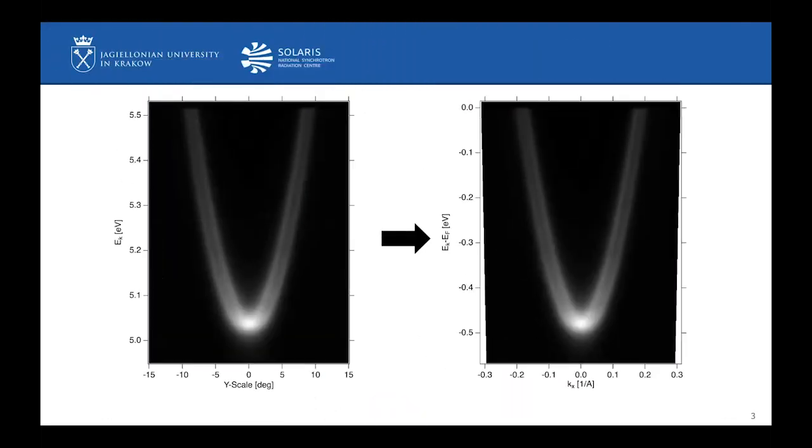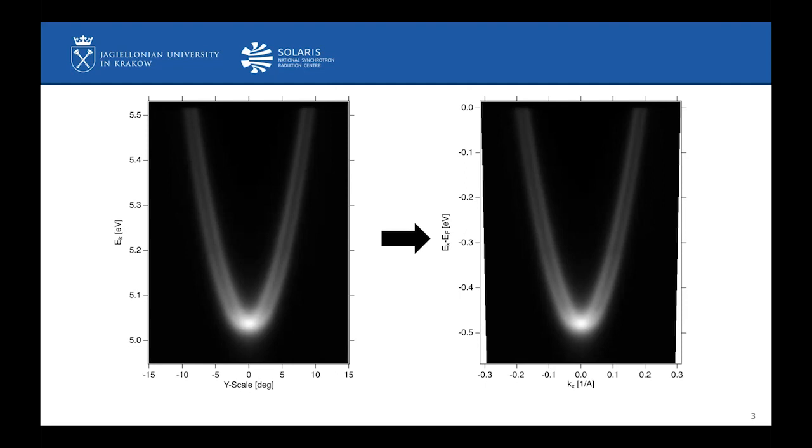So let's go to our first task. On the left-hand side, we can see the raw data in the form in which it has been measured by our measurement system, and our goal is to transform it to the proper energy momentum distribution that can be put in your paper.